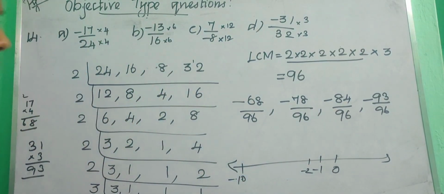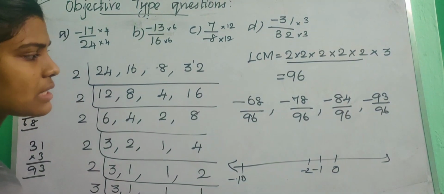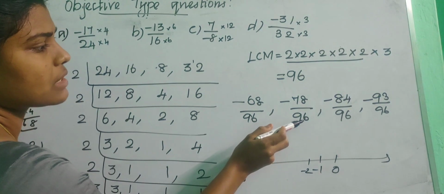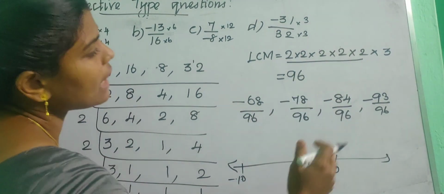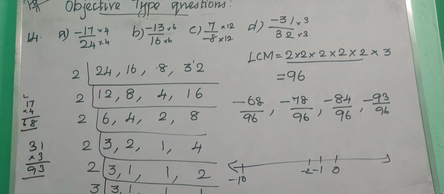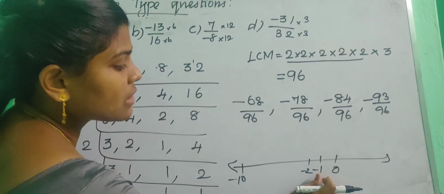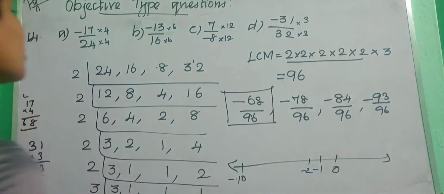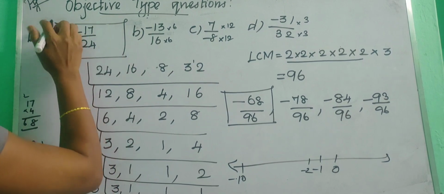So here we have minus 68 upon 96 and here minus 78 upon 96. So which is the greatest one? The number which is on the right side is greater. So this one is the greatest. So option A is greater. Okay children, option A is greater.